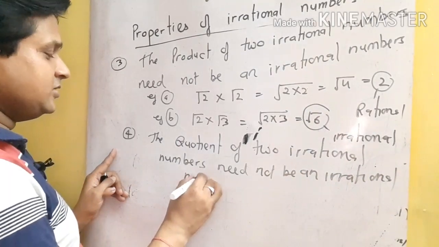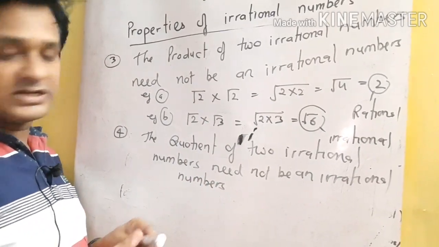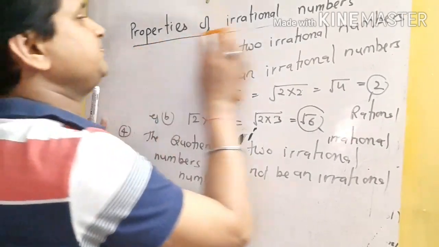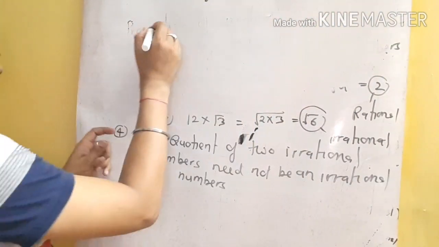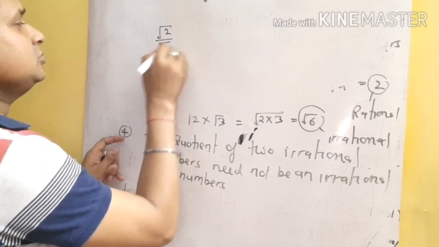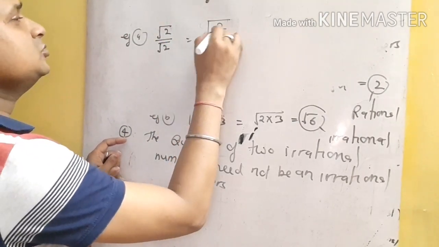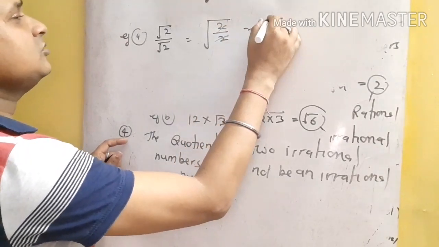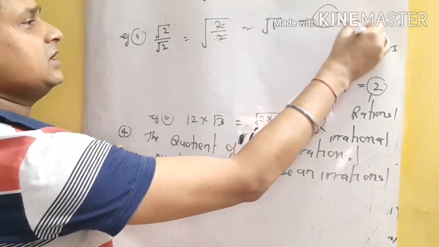It means when you divide two irrational numbers, it can be rational or irrational. Let's take one example. Suppose I take root 2 by root 2, example number A. I can solve it in this manner, 2 upon 2 will be cancelled, under root 1, which means this will be 1. This is a rational number.